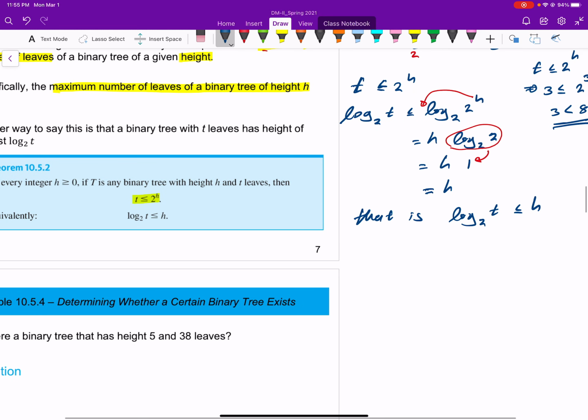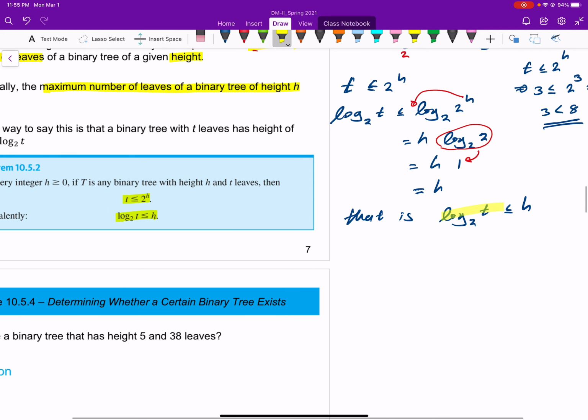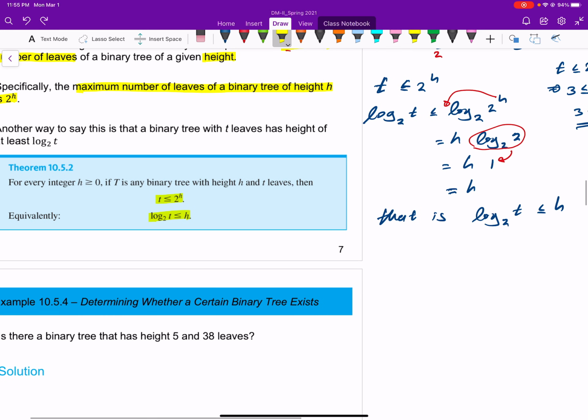That condition is given right here. And the second condition tells that the height of the tree is greater than or equal to log 2 of t, where t is the number of leaves of the tree.